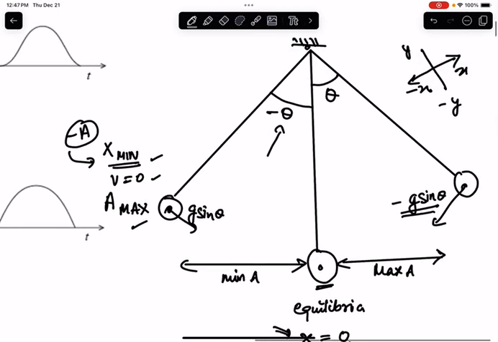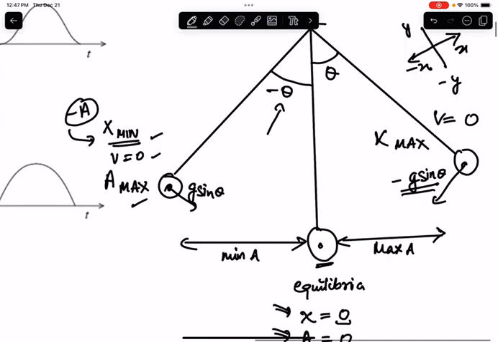And if you move on to the left amplitude, what you will see over here is that the value of x is at the maximum. So this is the maximum value of x, right? The velocity is once again 0, and the acceleration becomes the minimum. Okay? The reason acceleration becomes minimum is because the acceleration is negative g sine of theta, and because theta is positive, the acceleration just stays negative.